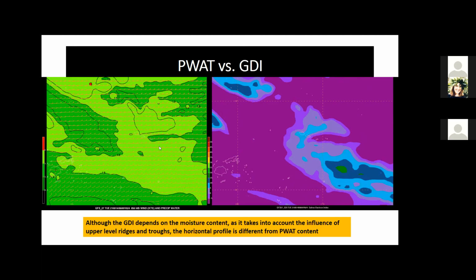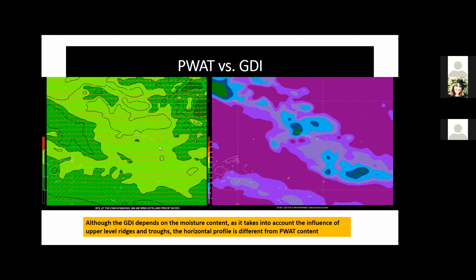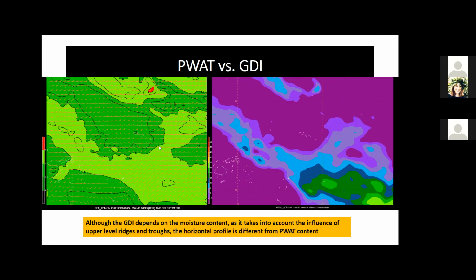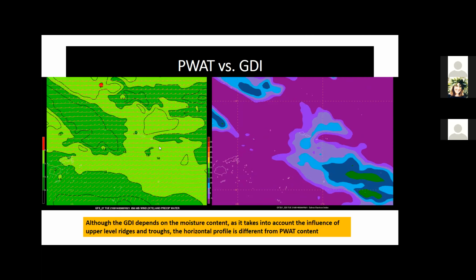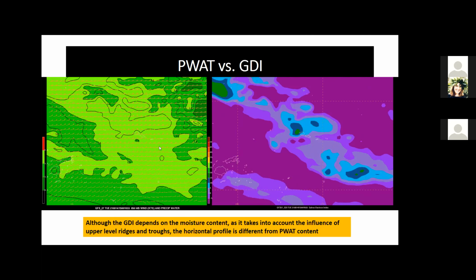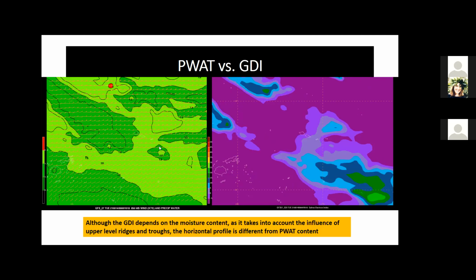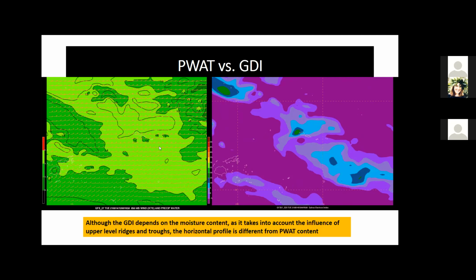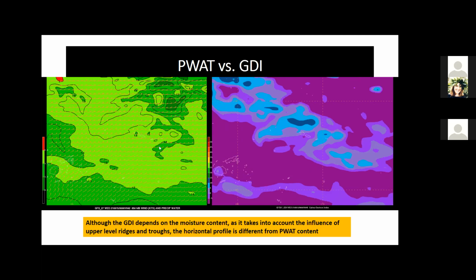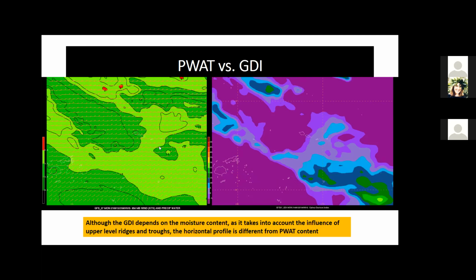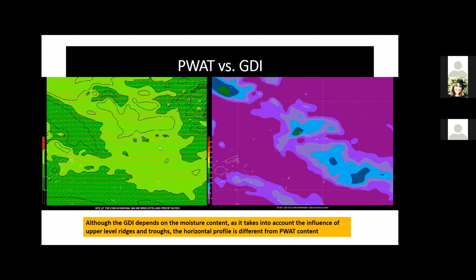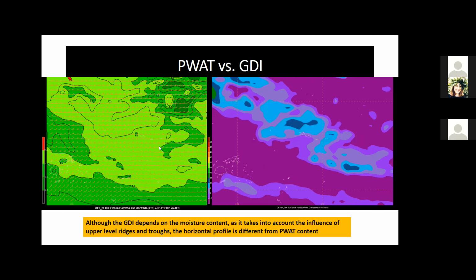So you can have a very high precipitable water, close to 40, 50 millimeters of available water. But when you compare with the GDI, you will notice that it might be under an area of very strong ridge pattern that might be inhibiting the development. So just having the high moisture content does not necessarily translate to precipitation.